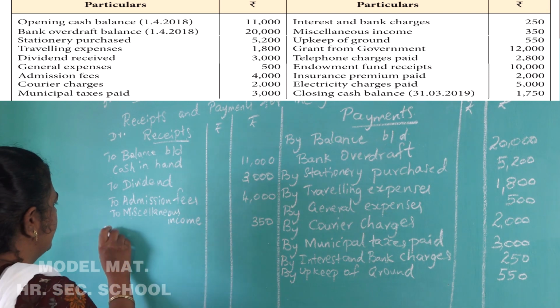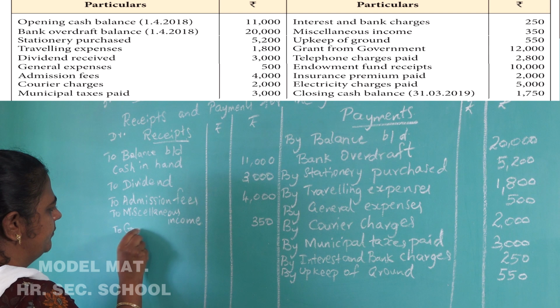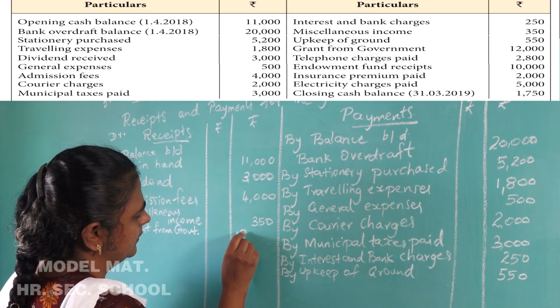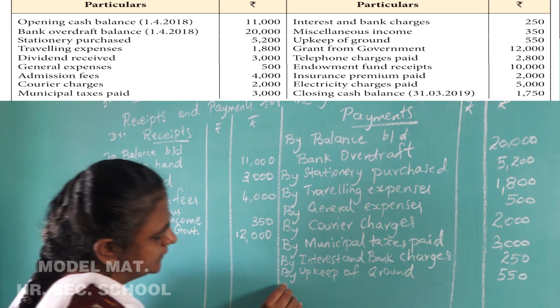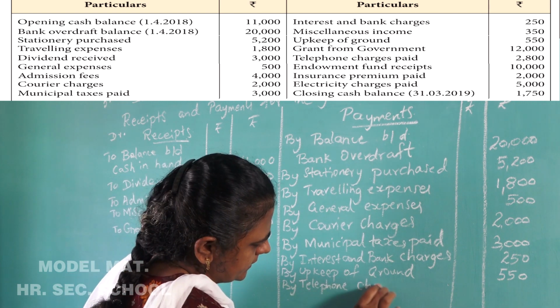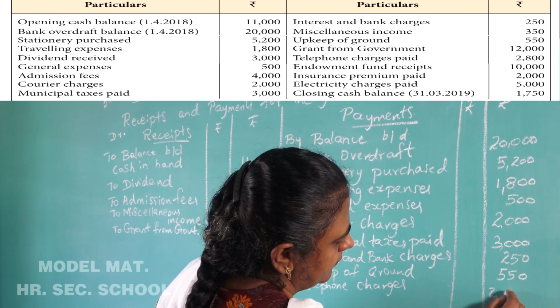You are receiving grant from government. So to grant, it's a receipt. To grant from government 12,000. Telephone charges paid. By telephone charges, it's a payment, 2,800.